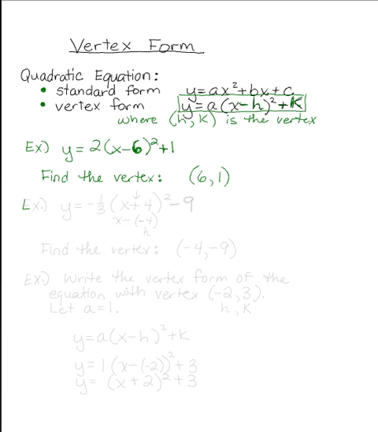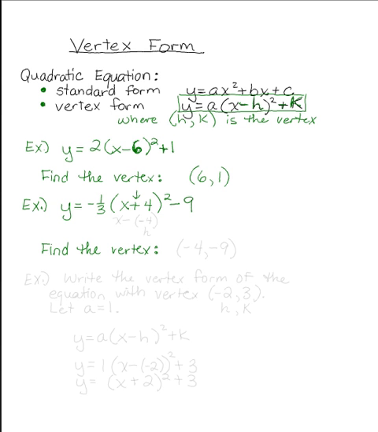Now let's take another example. Again, we are asked to find the vertex. But notice this time that there is a plus sign inside the parenthesis instead of a minus sign.